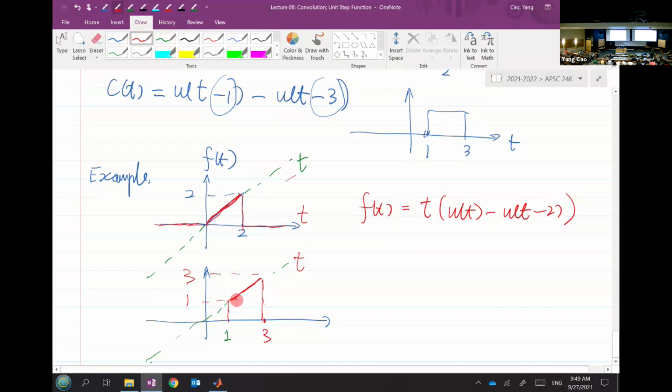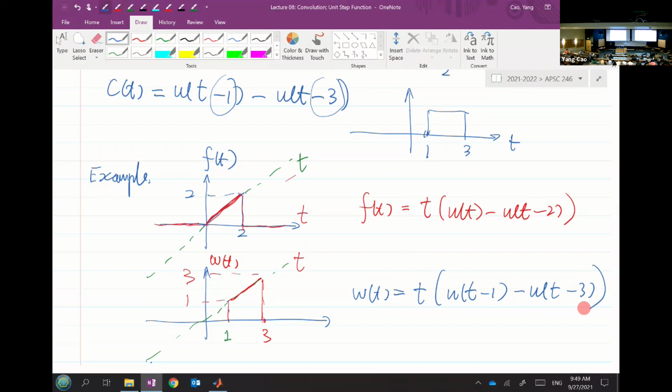If you apply the same principle, let's call this function w of t. Then w of t is equal to t times what cookie cutter now? So this is a unique benefit of the unit step function that saves you some writing in terms of the piecewise function.